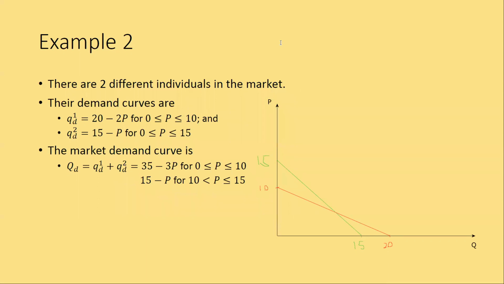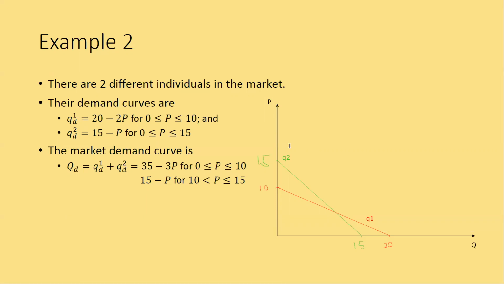And the red line is our Q1. And the green line is our Q2. So the idea of adding up the individual demand curves is quite straightforward. So for any price that is above $15, well, neither individual is purchasing any of it, so the market demand is 0.